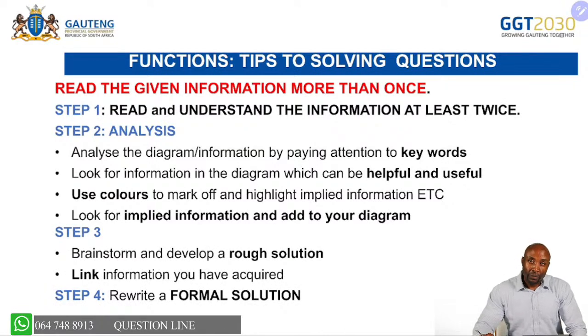Now, once we have read, understood, and then broken down the information, you are eliminating some stuff that is not helping you to answer that particular question. You can now brainstorm and develop a rough solution. You link the information that you are given and that you have acquired, and then you rewrite the formal solution. You answer your question, you move to the next one.